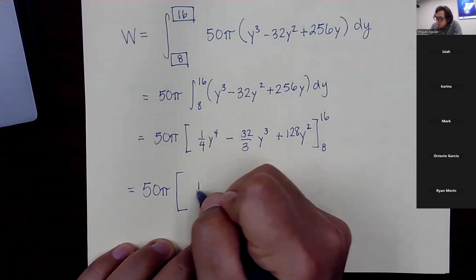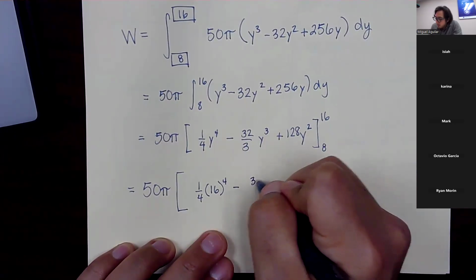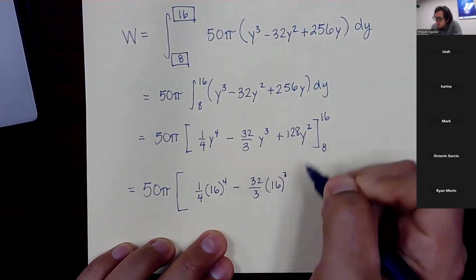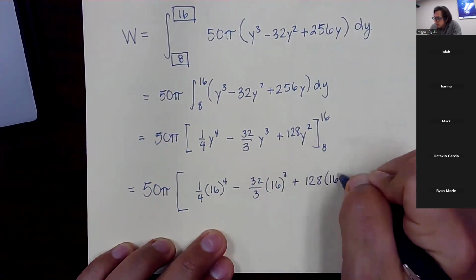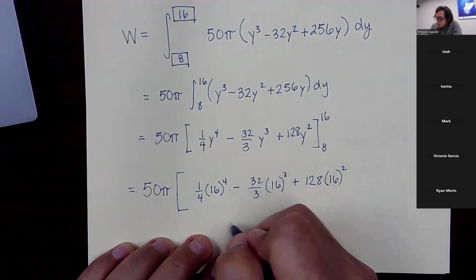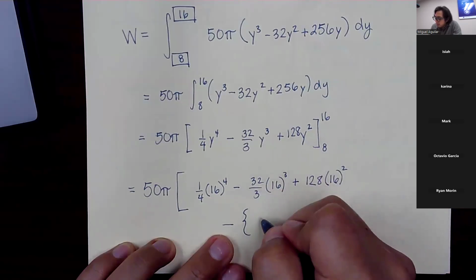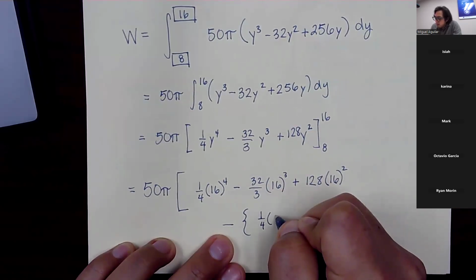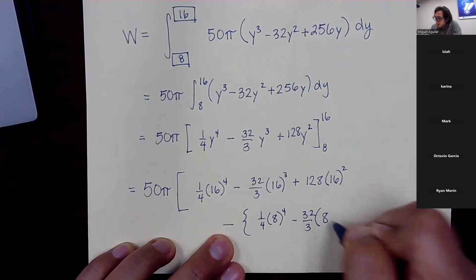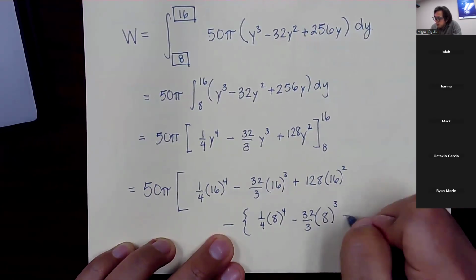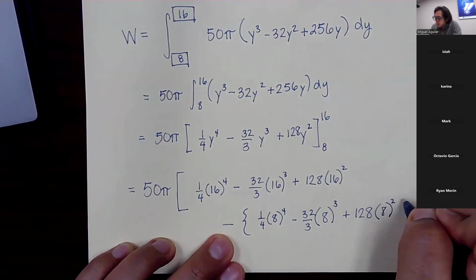So in reality, I'm going to take 1/4 times 16 to the fourth minus 32 thirds times 16 to the third plus 128 times 16 squared minus, I'm going to use braces here for my lower limit, 1/4 times 8 to the fourth minus 32 thirds times 8 to the third plus 128 times 8 squared.